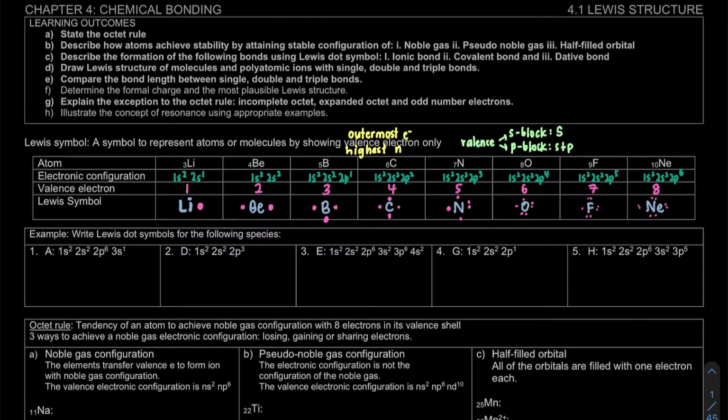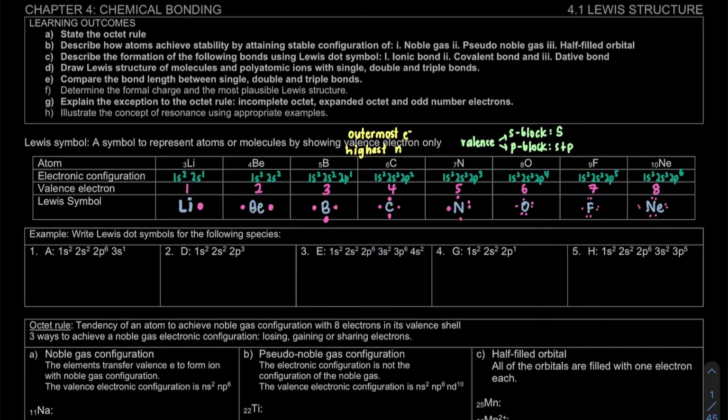Again, before anything, for the Lewis dot symbol, what you have to know is the electronic configuration first. Given the number of protons, you have to write down the electronic configuration. Then you have to know how many valence electrons there are. If the atom is in the S block, or the last orbital we fill is S, then the valence is only in the S orbital.